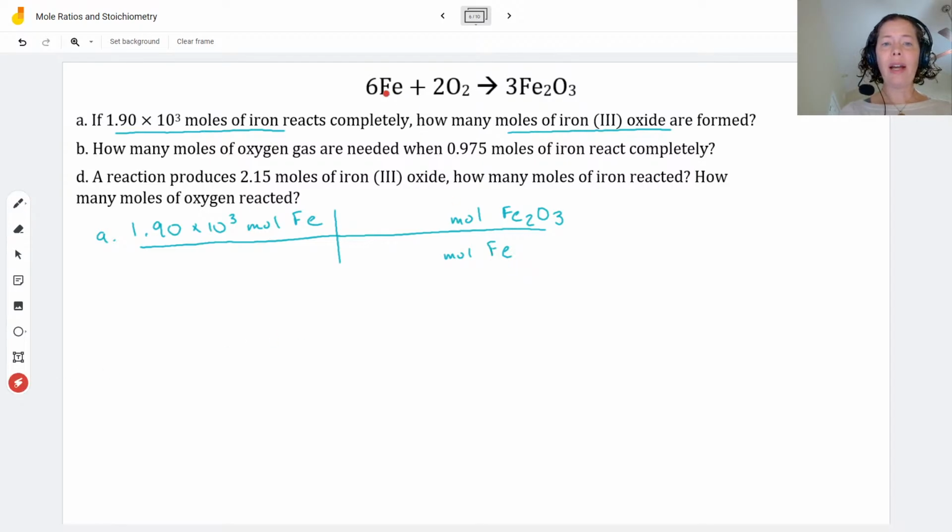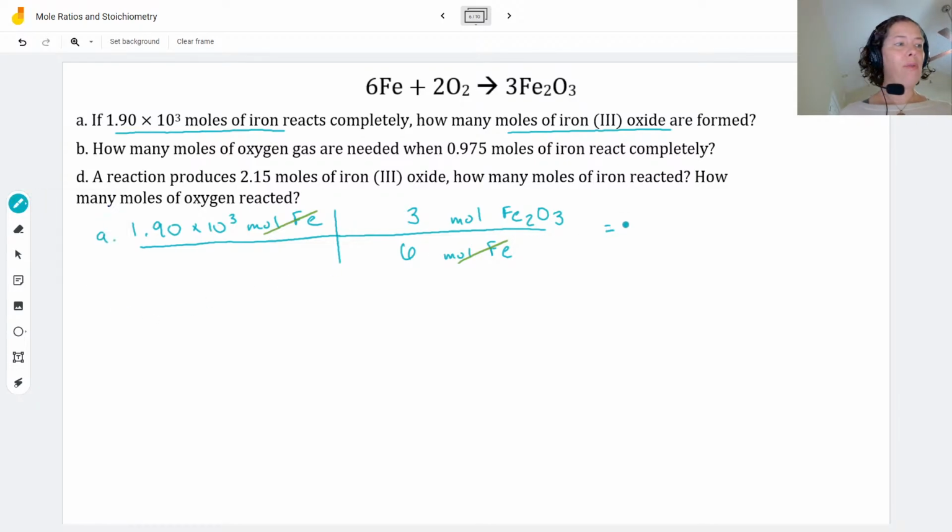So for my iron, there's a 6 in front of it, so a 6 goes here with my moles of iron. For my iron 3 oxide, I have a 3 in front of that. So again, my stoichiometric ratio, you can think of this as 6 to 3 or 3 to 6, whichever way makes the most sense to you. Just make sure that your units cancel like you want.